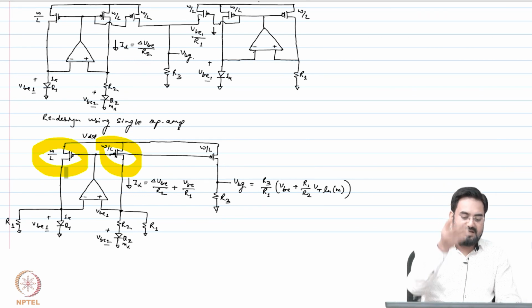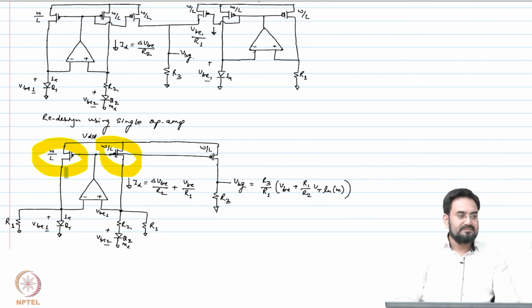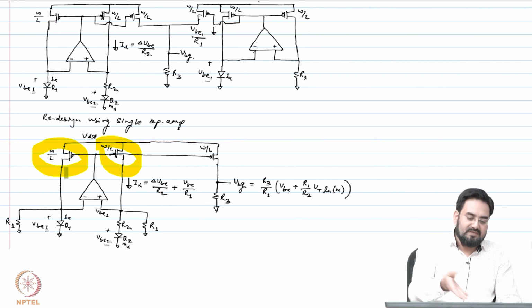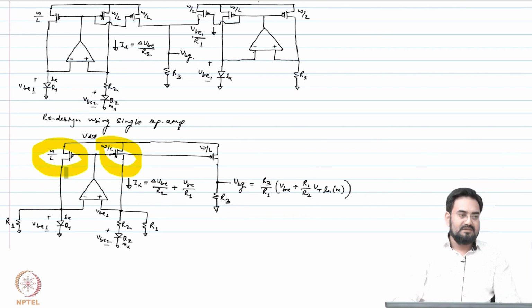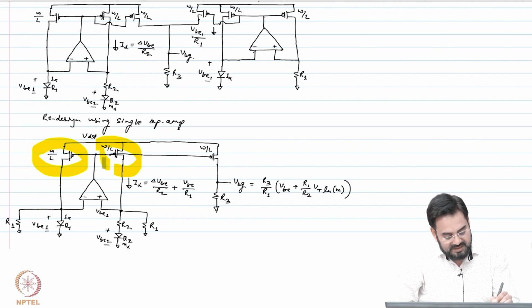Okay. So let us say you design it for 500 millivolt, then the VDS of this device will be much different compared to your VDS of the other two devices.